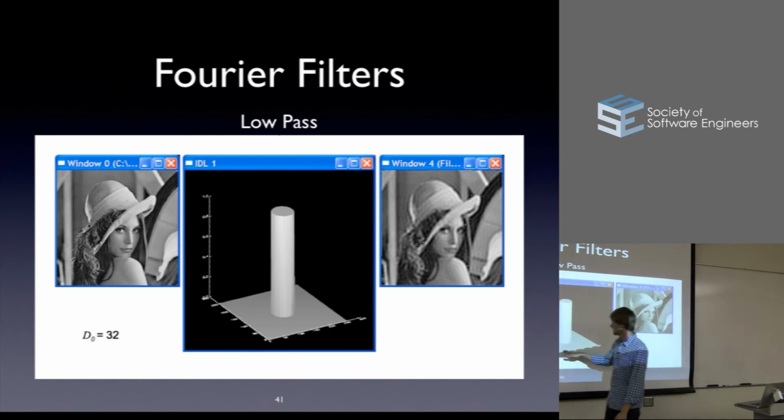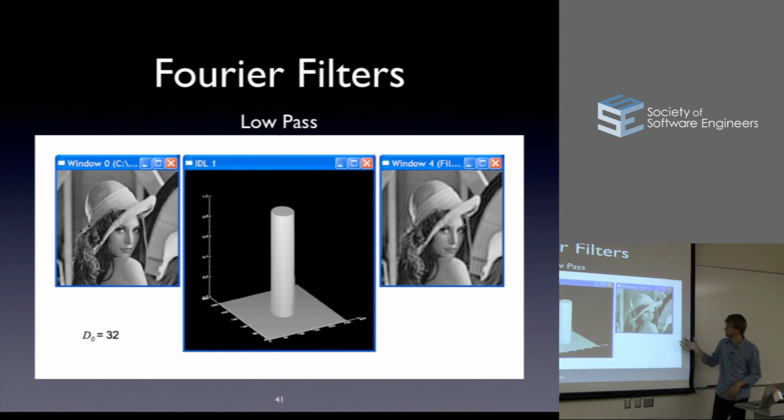So if we do a threshold where we say frequencies beyond this point are zeroed out, and then we only pass the low frequency, and then we do the inverse Fourier transform, you get something that looks like this. It's a little less than ideal because, as you can see, there's actually low frequency artifacts in it. I don't know if you can actually see it, but it looks a little wavy. It almost looks like a Zen garden kind of thing where you drag the rake through the rocks.